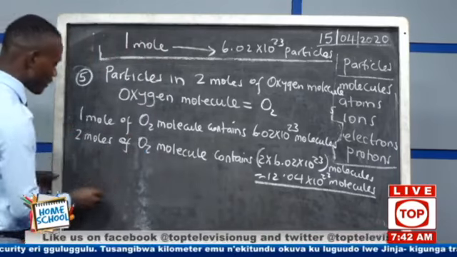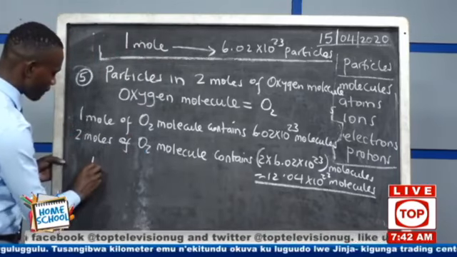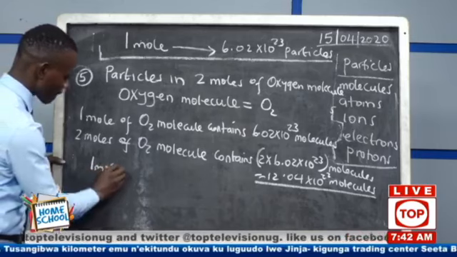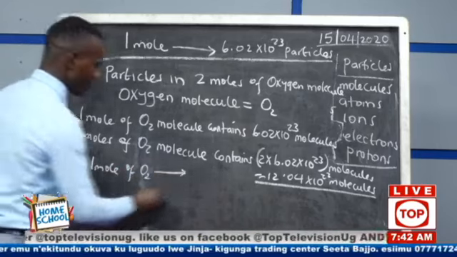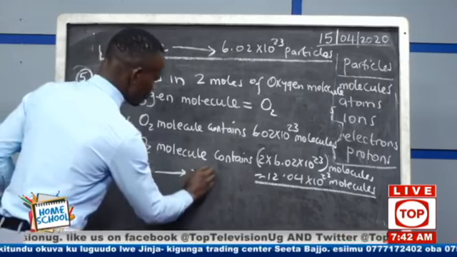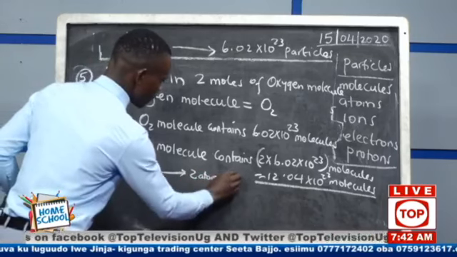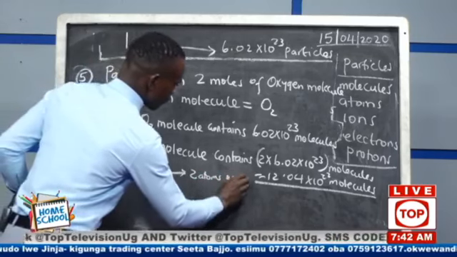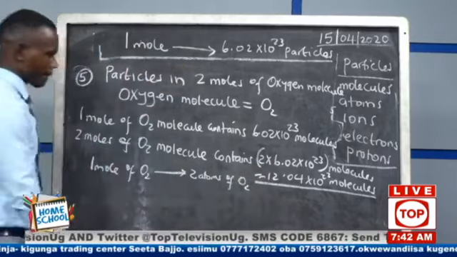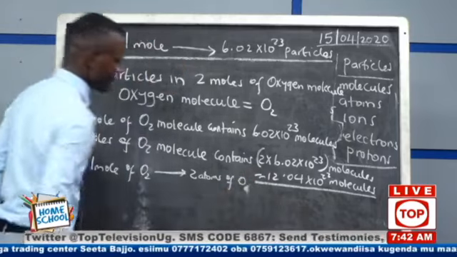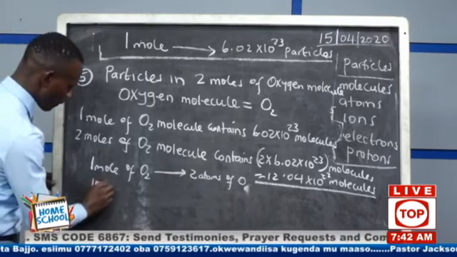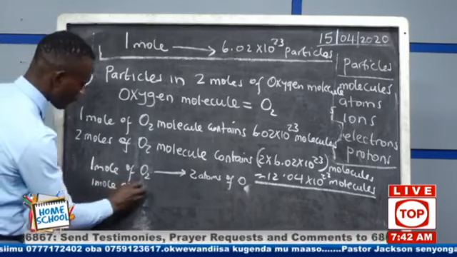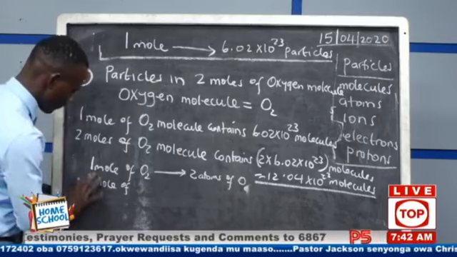We say, let us look at atoms. If one mole of oxygen contains 2 atoms of oxygen, okay? 2 atoms of oxygen. That means 1 mole of... no, we have looked at 1.